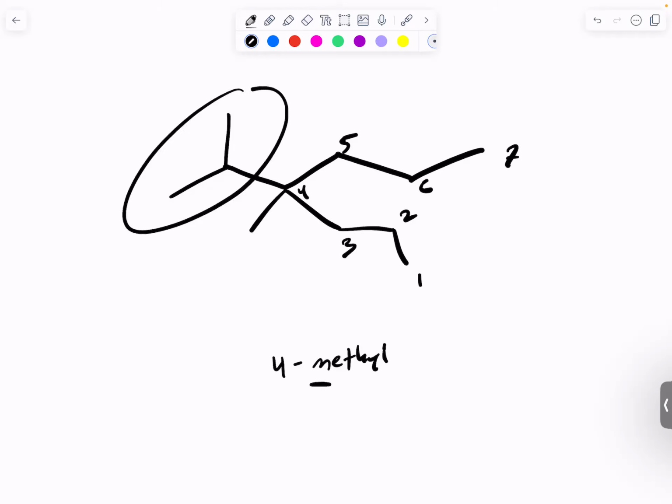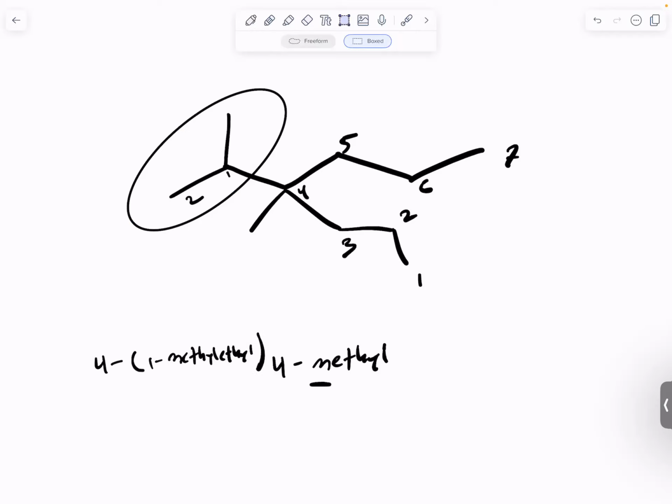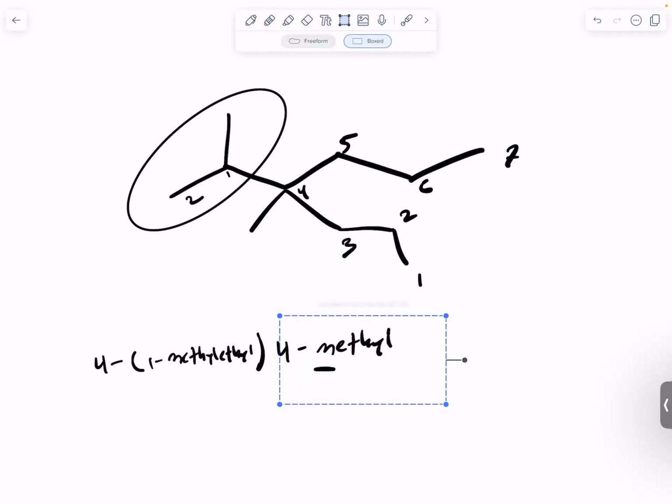If you're going to do methyl ethyl here, then at the 4 spot, the ethyl would technically come in the front. So at the 1 spot you have a methyl, and then you have ethyl, and then you have 4 methyl. That makes sense.